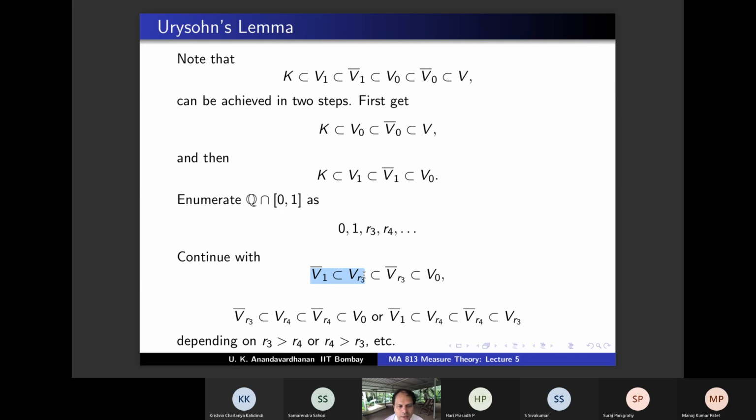Suppose r3 is bigger than r4 and r5 is bigger than r3. Where will you choose V_r5?